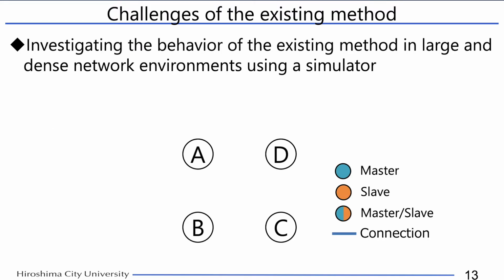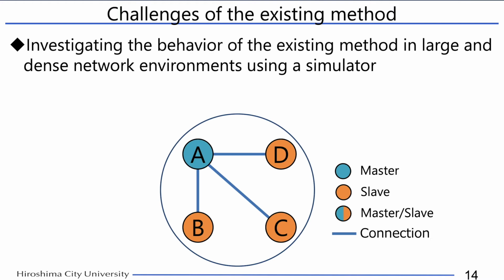Next, I will explain the challenges of the existing method. The existing method was applied to sparse networks to establish connections quickly. We investigated the behavior of the existing method in large and dense network environments using a simulator. Look at this picture. In this picture, we form a piconet with terminal A as the master.